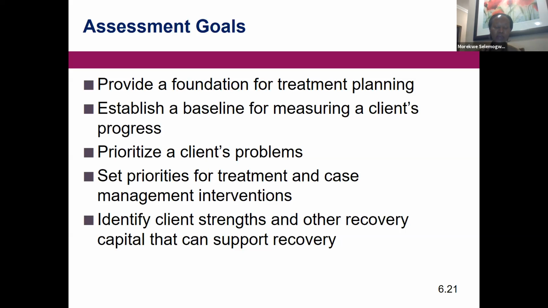So assessment helps us to identify either family issues, work issues, or legal problems. In gathering that, it helps us to prioritize and see what is supposed to be attended to first as per the problems being presented. It sets priorities for treatment, I've already mentioned that, and case management intervention.